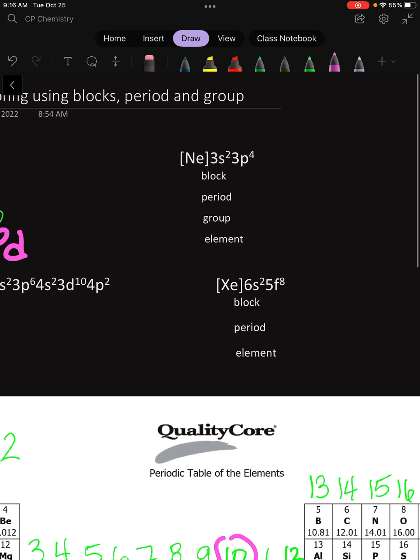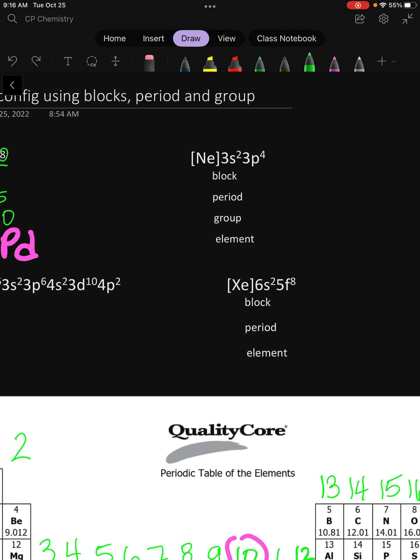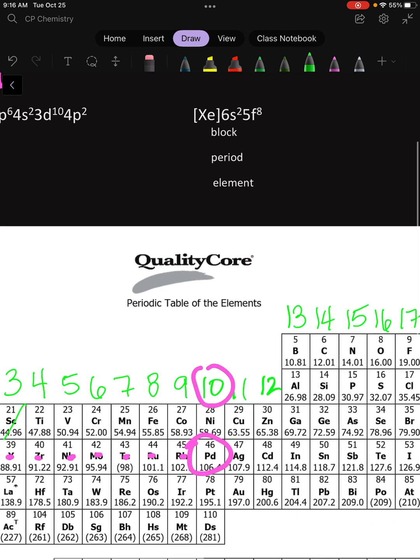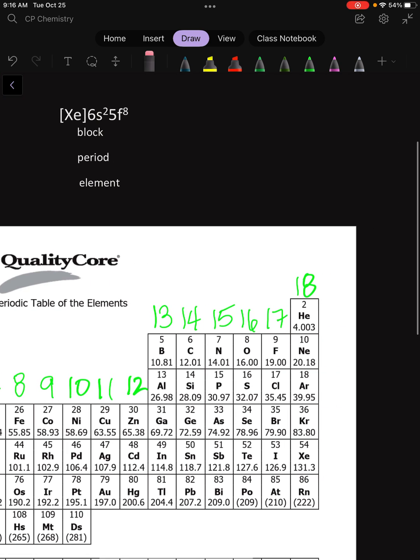All right, the next one. We're looking at the end, 3p4. So that tells us that we are in block P. Block P is this block here.